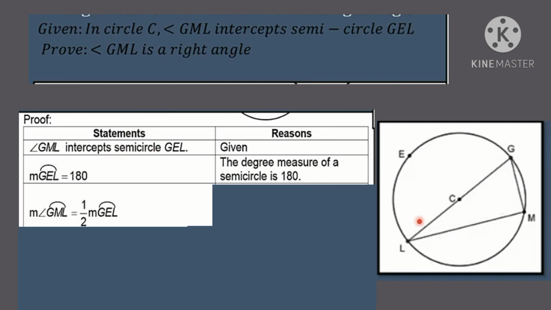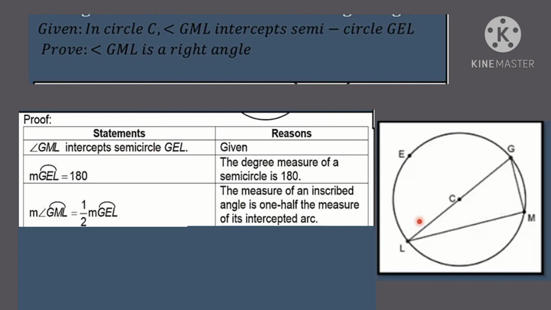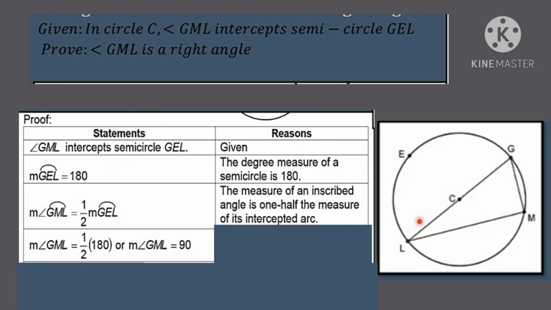And for statement number 3, measure of angle GML is equal to 1/2 the measure of semicircle GEL, and the reason is the measure of an inscribed angle is 1/2 the measure of its intercepted arc. The fourth statement is measure of angle GML is equal to 1/2 of 180, or the measure of angle GML is equal to 90 degrees.